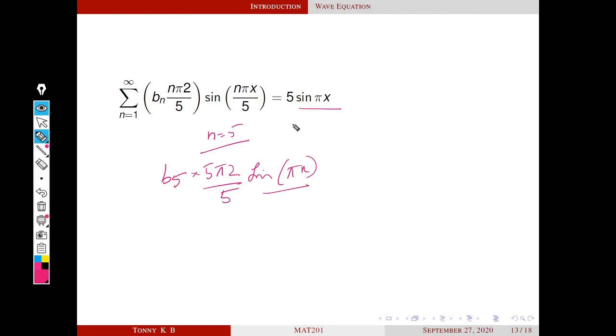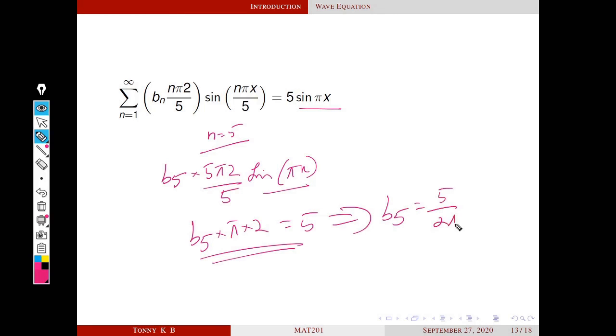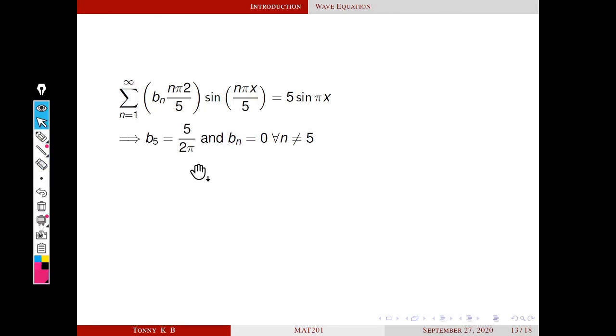So by comparing the coefficients, we get b_5 into 5 into 2 equal to 5, which implies b_5 equals 5 by 2π. And what about the other b_n's? All other b_n's are 0.